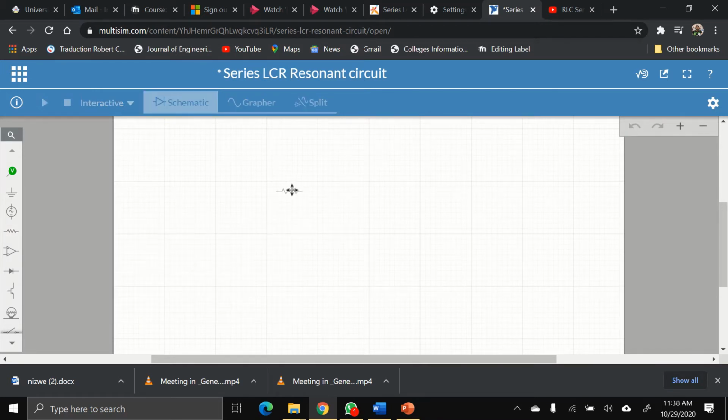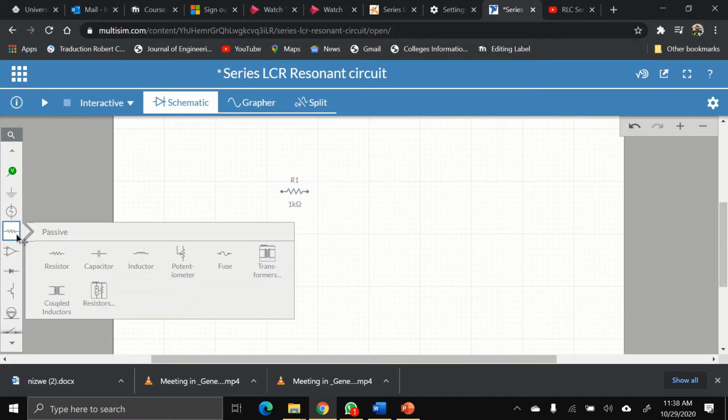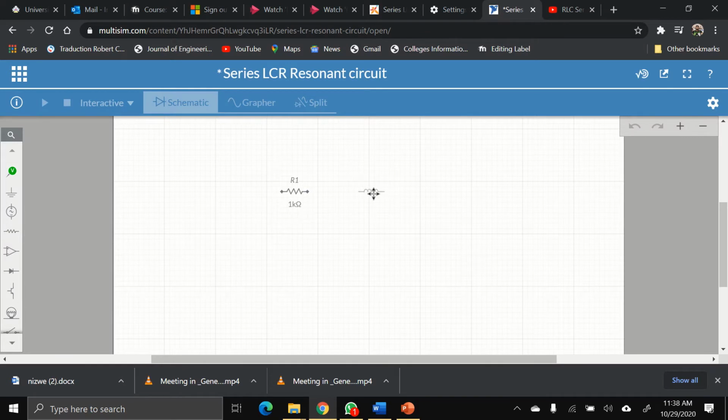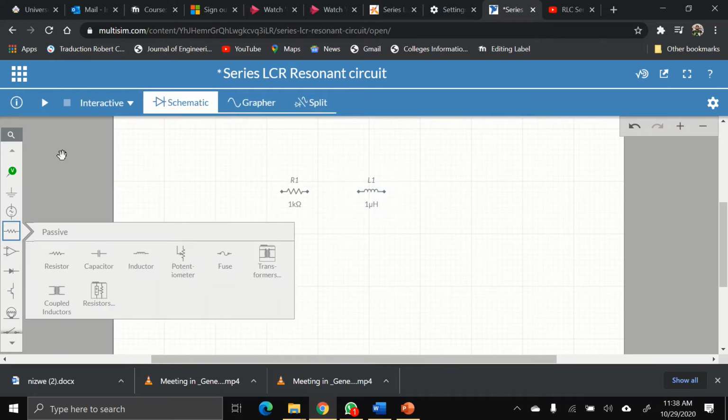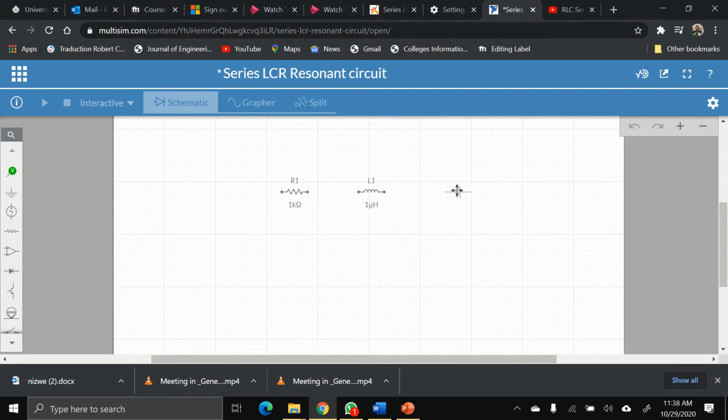First I need the resistor, second I need the inductor, and third I need the capacitor. So I am placing all these three components here.